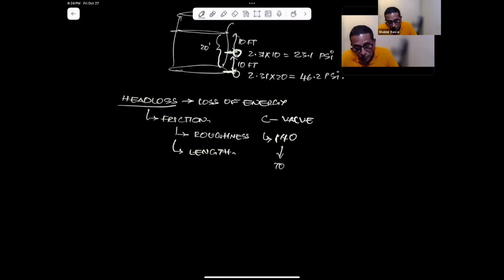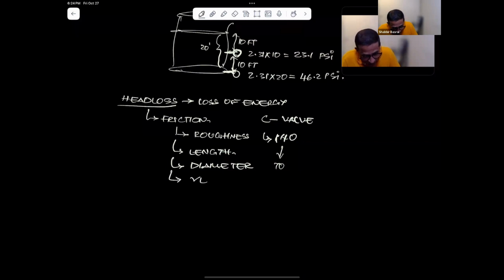So we talked about roughness, we talked about the length, and then it is a function of the pipe diameter. Why? Because I can put these two together, the velocity and the diameter, since they go hand in hand. If I have a larger amount of flow going through a certain pipe, it will have higher friction.